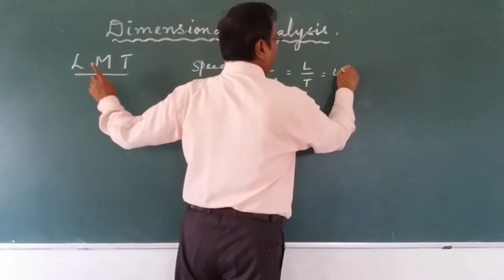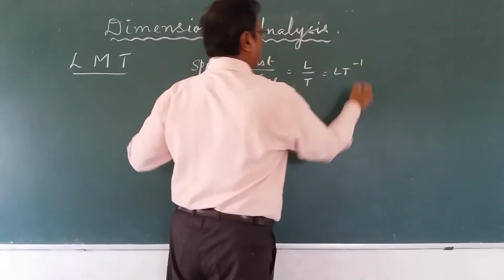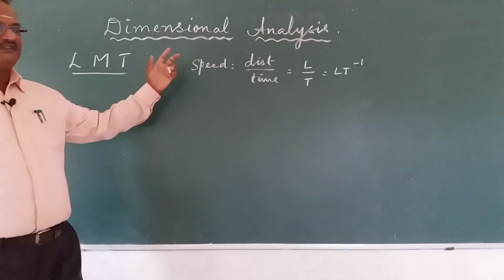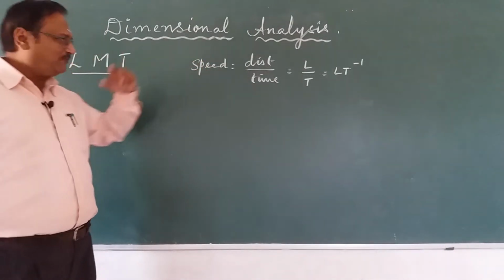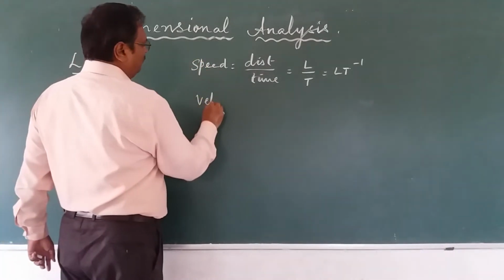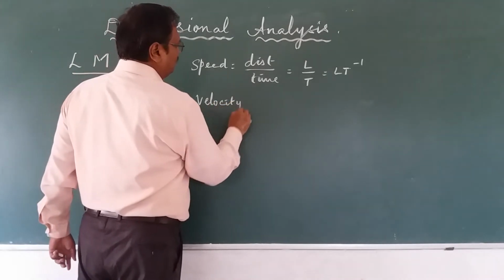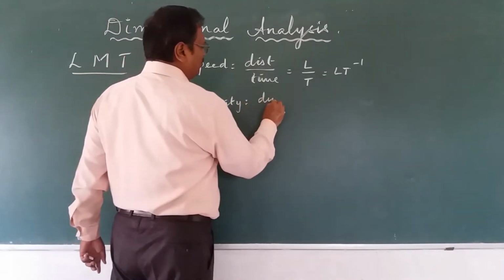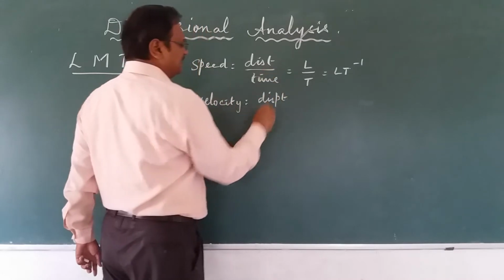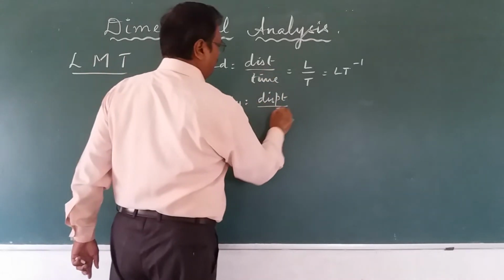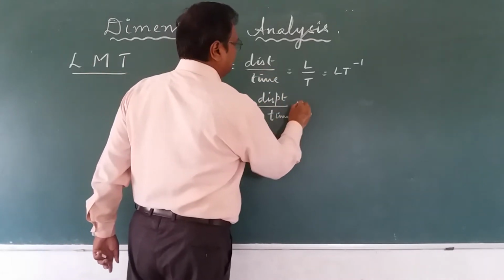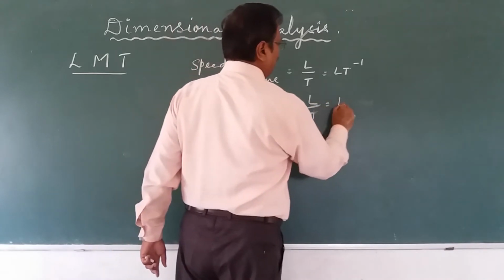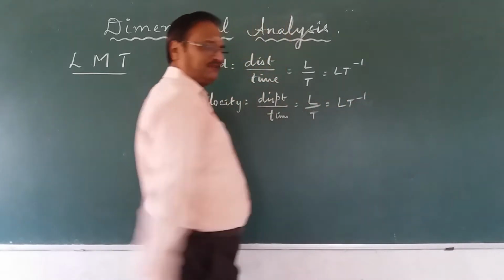So, L t power minus 1 is the dimensional formula of speed. Now, what about velocity? Velocity is displacement, the shortest distance, upon time, which is again L upon t, equal to L t power minus 1.